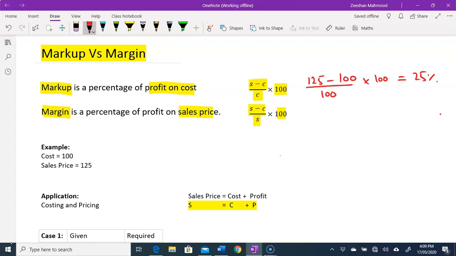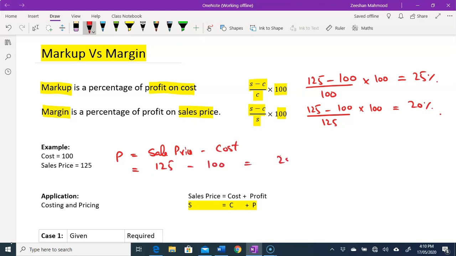Now if we continue the same example and calculate the margin, once again I take the selling price and take away the cost, and this time I'm dividing it by the selling price and multiplying by 100, and what I'm getting is 20%. So although profit is the same, because profit here is the difference between sales price and cost, and in terms of amount it is the same amount, 125 minus 100, that is $25.